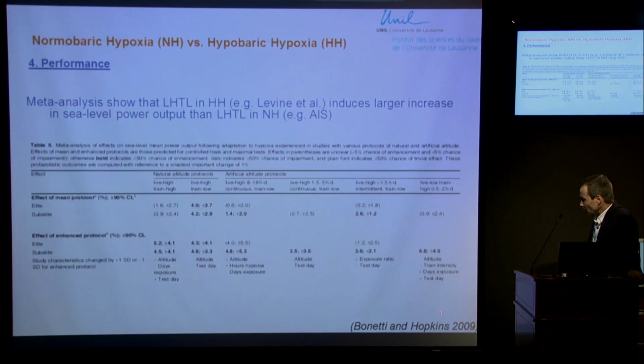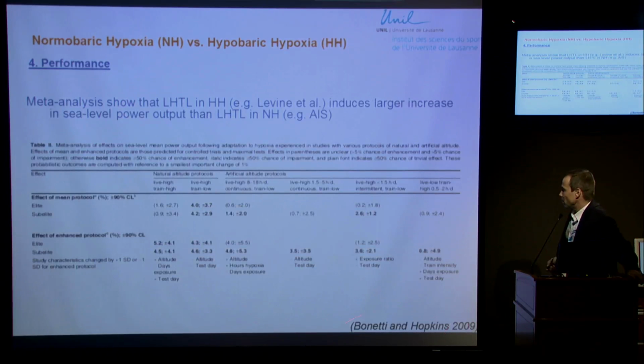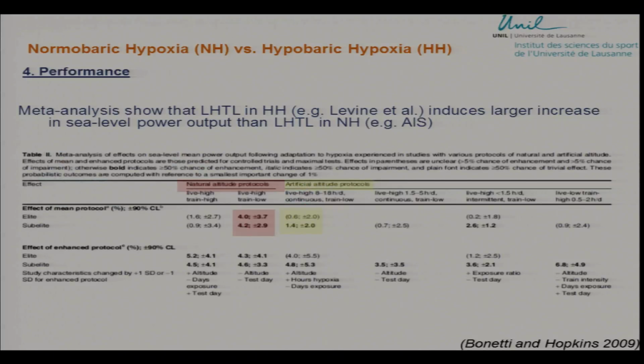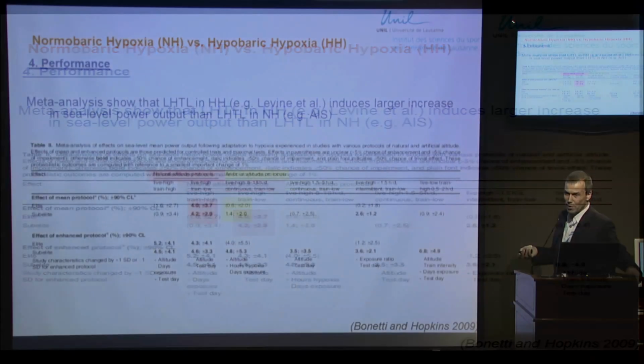But going back to this very, very nice meta-analysis of Bonetti and Will Hopkins, if you look at the comparison between the live high, train low, natural means hypobaric hypoxia, and artificial means normobaric hypoxia, you can get some artificial using a hypobaric chamber, but now, as we all know, most of the hypoxic chambers in the world work with either oxygen extraction or nitrogen addition, which means it is normobaric hypoxia.